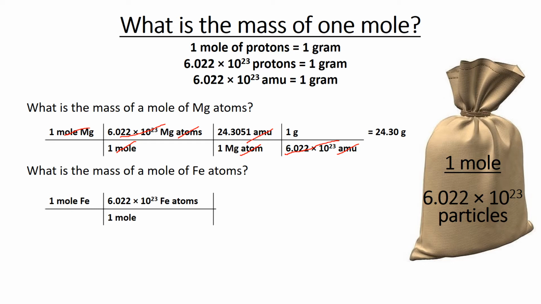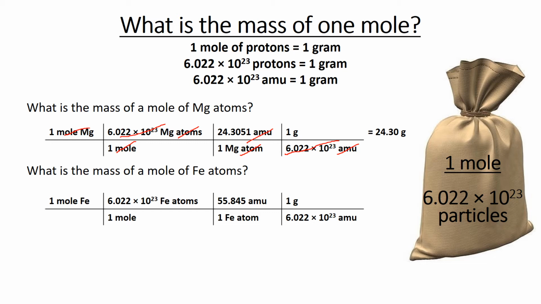Now, if we want to convert to mass, we go to our periodic table and look up the mass of iron, which is 55.845 AMU. And since we now want to express our mass in grams, 1 gram is just the same as 6.022 times 10 to the 23rd AMU.